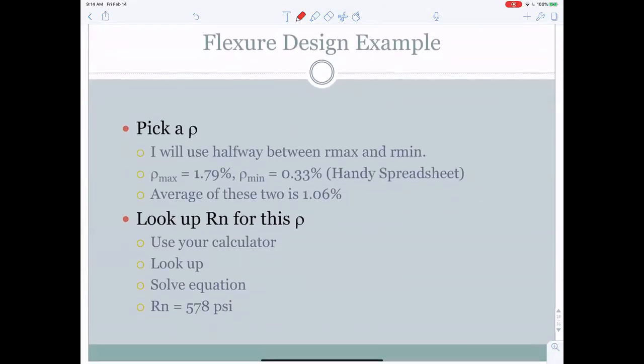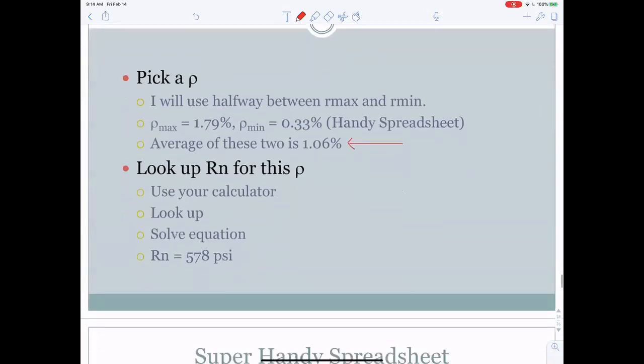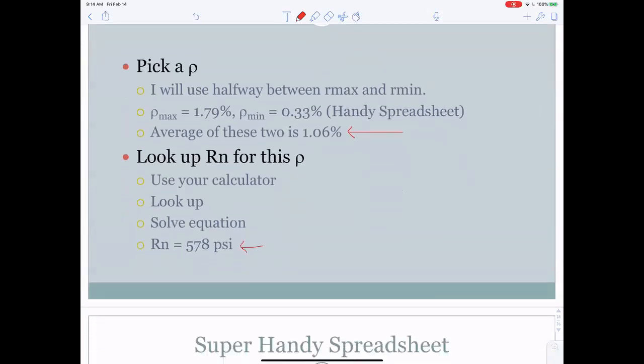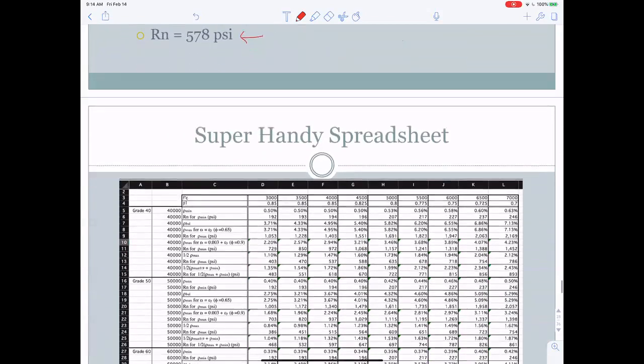Okay, and so here's another way to do this. So you find that on the handy spreadsheet. You're going to calculate this. I've done this so many times, I've made what I call the super handy spreadsheet here.